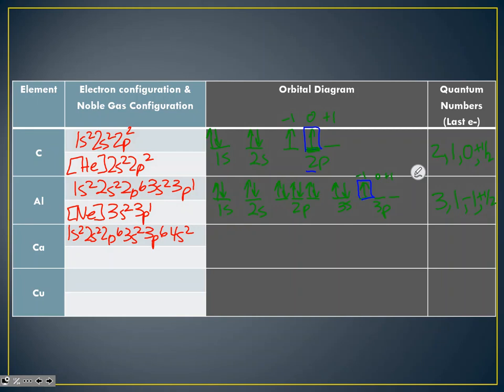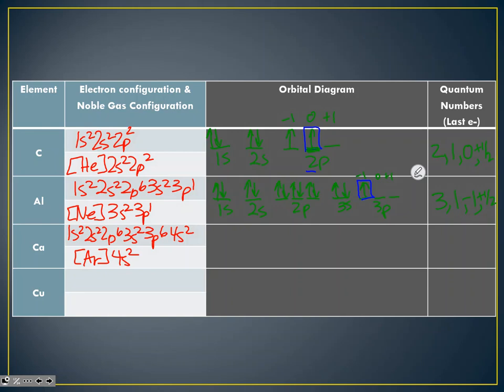Now, the noble gas configuration does help to shorten this down. What is this one going to be? Argon and 4s2. Very good. That's nice and easy.